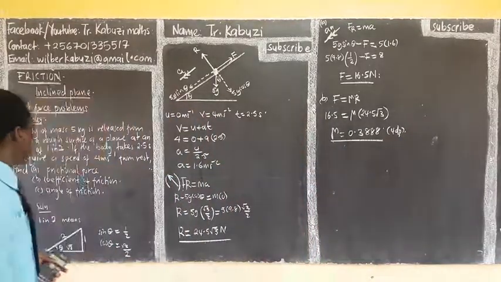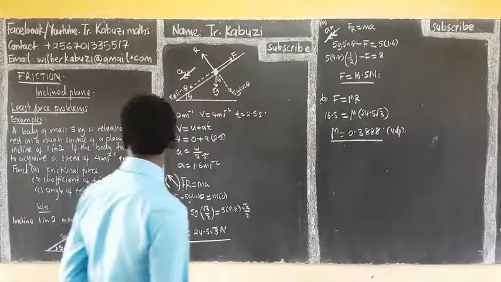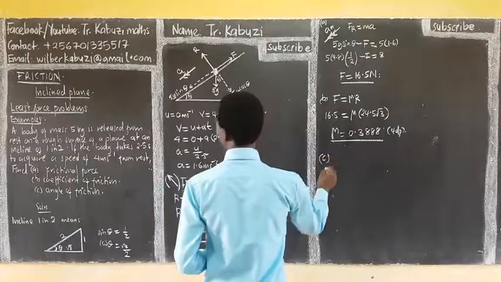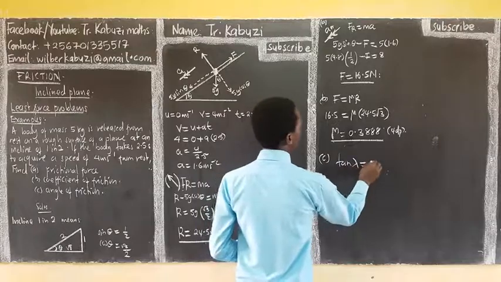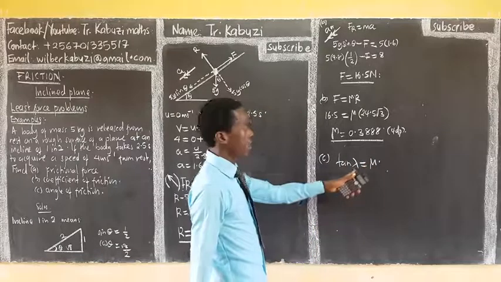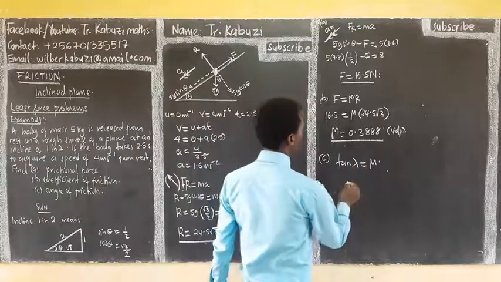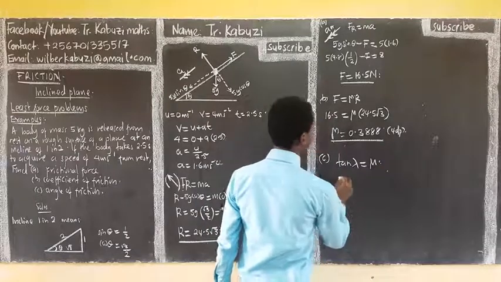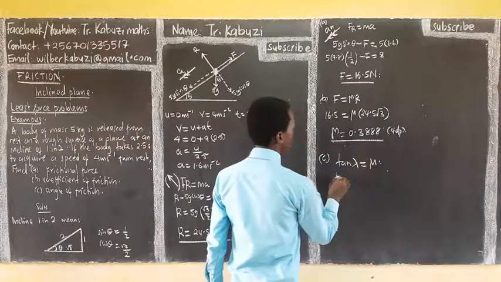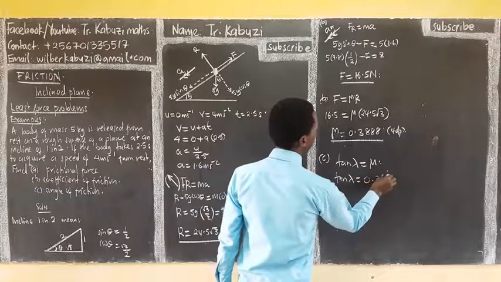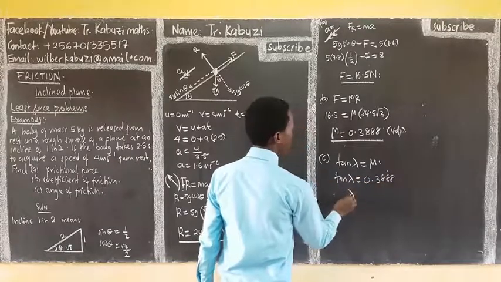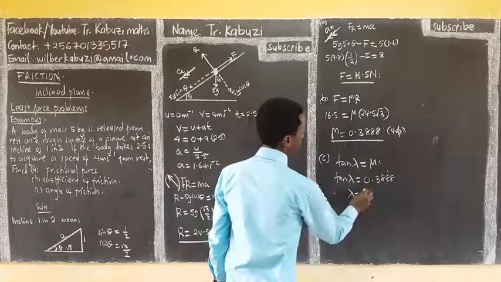Then part C, they want us to get the angle of friction. You know from our time that tan lambda is equal to mu. This is the angle of friction. So my tan lambda will be 0.3888, and so my lambda will be tan inverse of this.